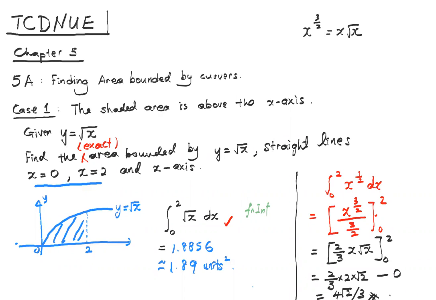So exact value always appears in what type of question? It will appear in questions like square root, e to the power of something, ln. The question will ask for exact value. So that means if I ask for exact value, I want you to know how to integrate.